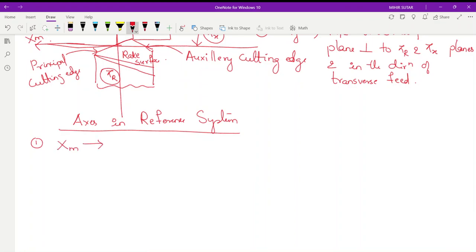Xm is the longitudinal axis of the machine tool, in the direction of longitudinal feed.